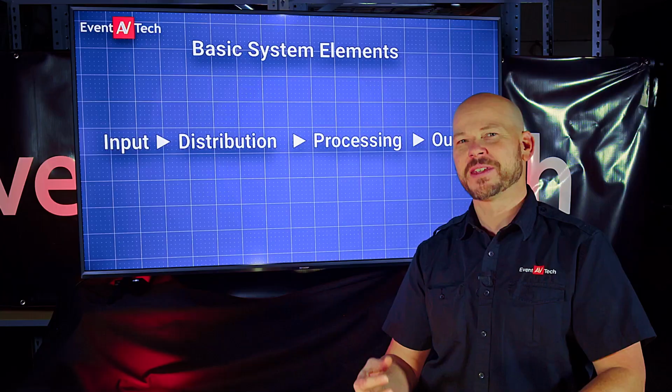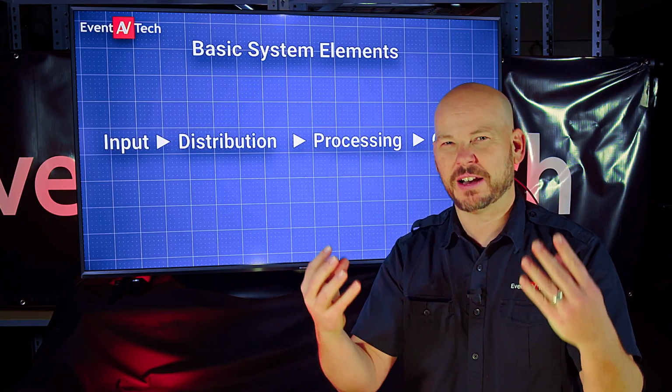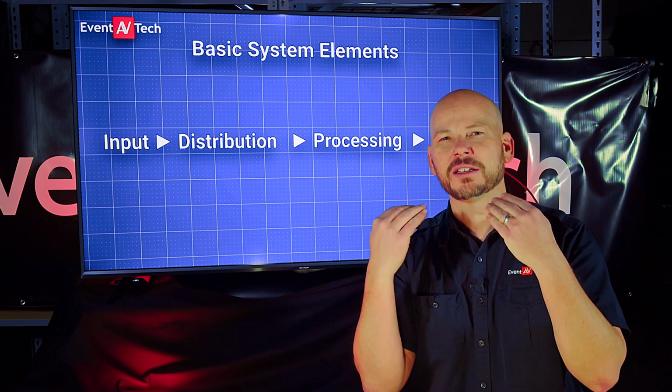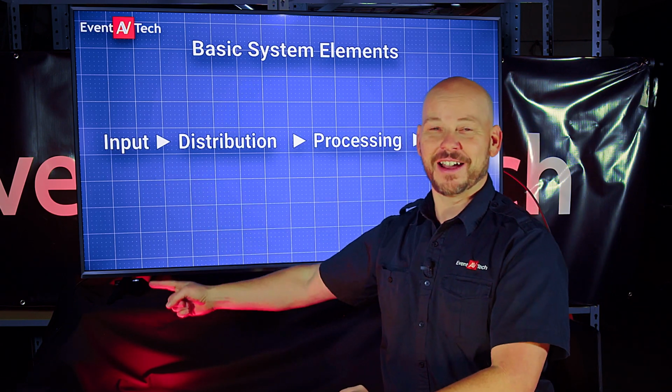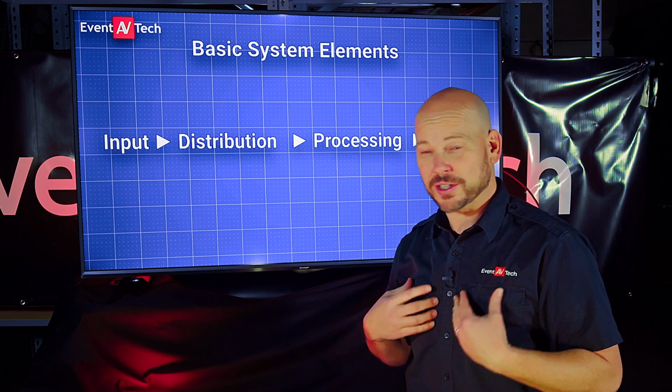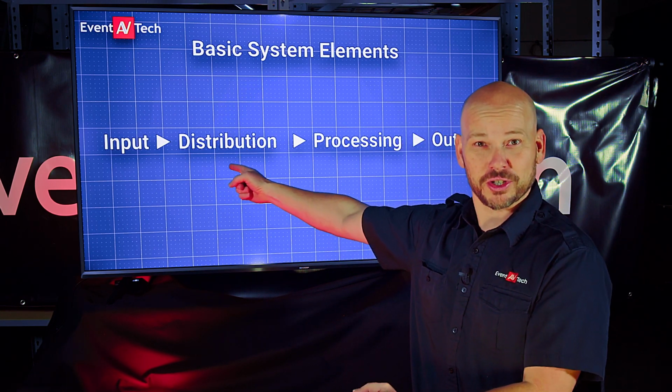Now, this can be applied to a lot of different types of systems. It's not just AV systems, it's any basic system. So let's talk about our bodies, for example. We all have mouths, and if I take food and put it into my mouth, that is input. Then it goes down my throat, that is distribution.